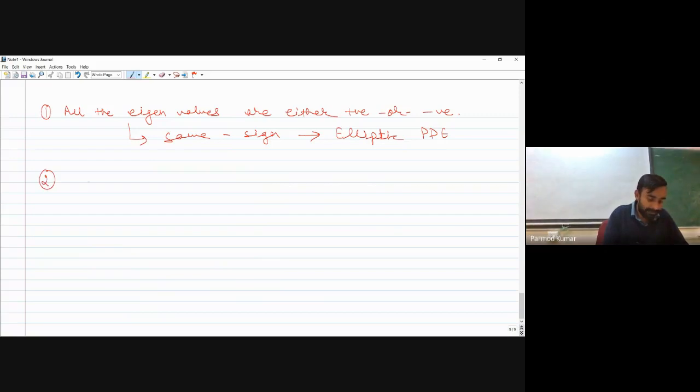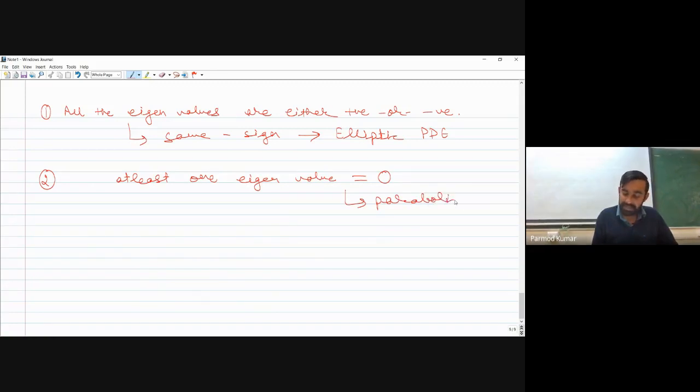If at least one eigenvalue is equal to 0, then we call our equation a parabolic PDE.